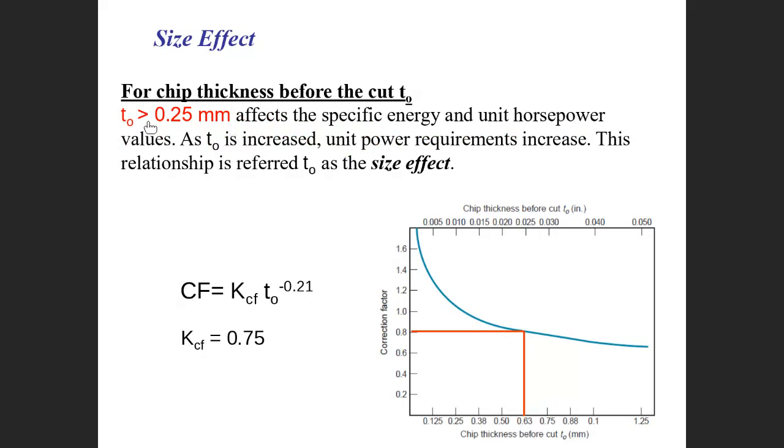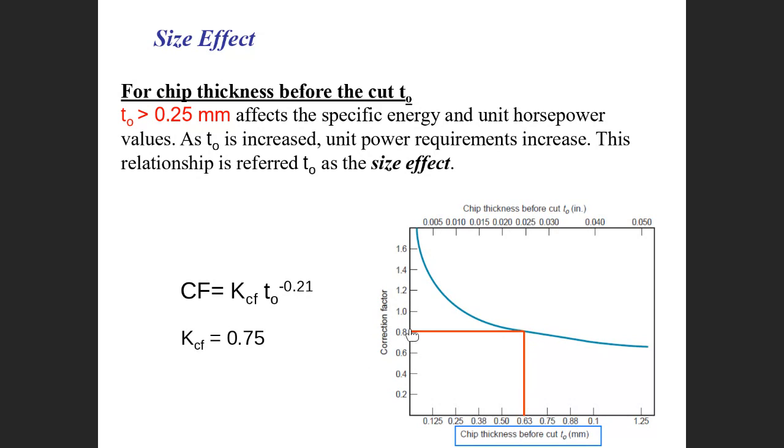Next, the effect of t0. If t0 is bigger than 0.25, what can we do? This figure shows it, where this is t0, the uncut chip thickness. If t0 is bigger than 0.25, for example, if t0 equals 0.63, then you can obtain a correction factor, for example 0.8.